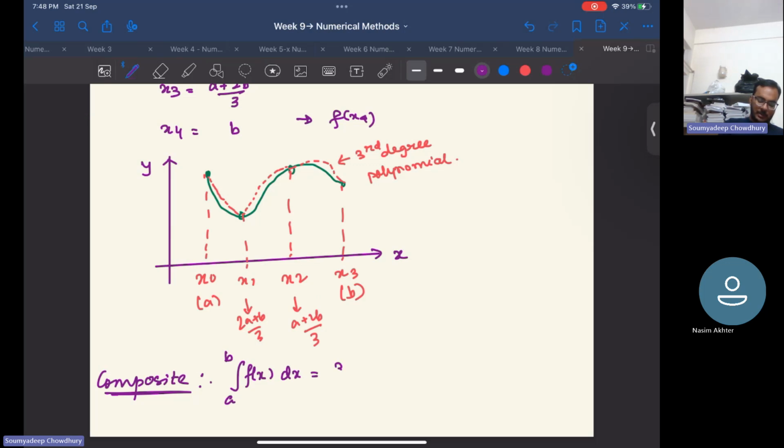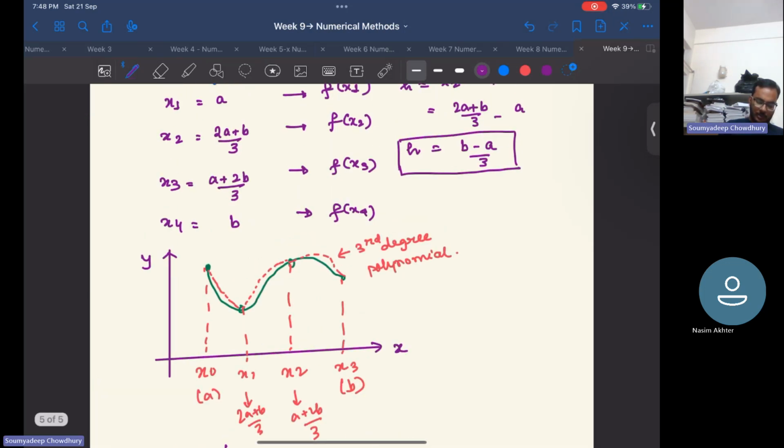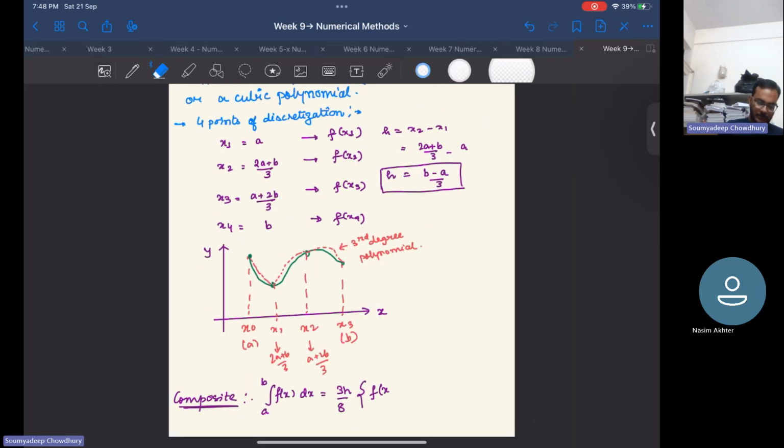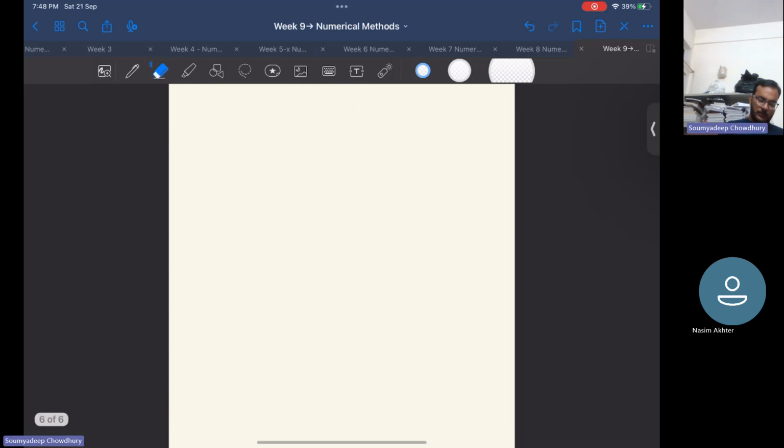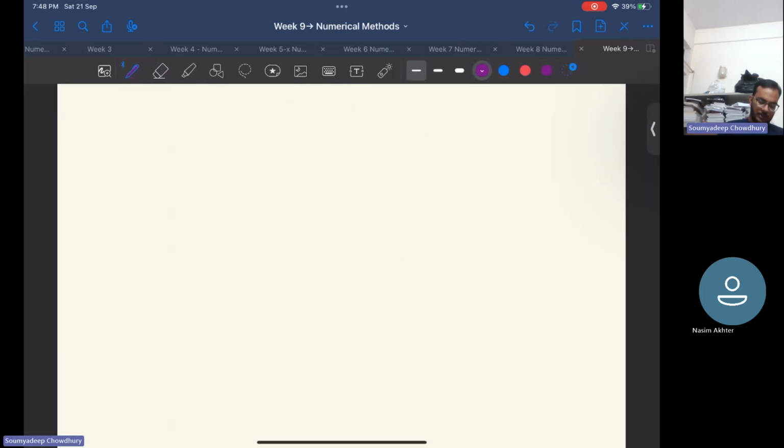That will be basically 3h by 8. Okay, first I did not write for the normal one. So for Simpson's normal 3/8 rule, this is not for composite. This is when there is only one unit.